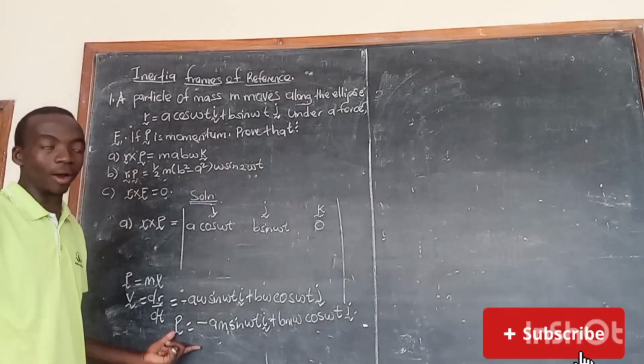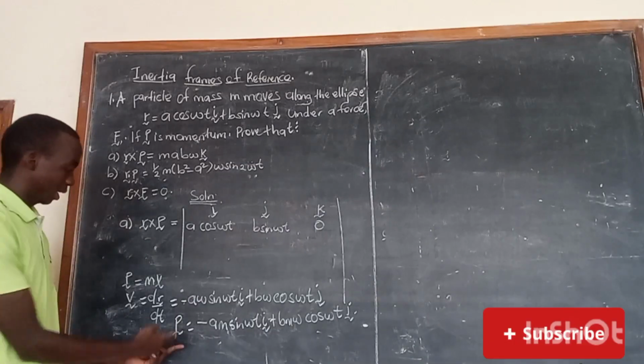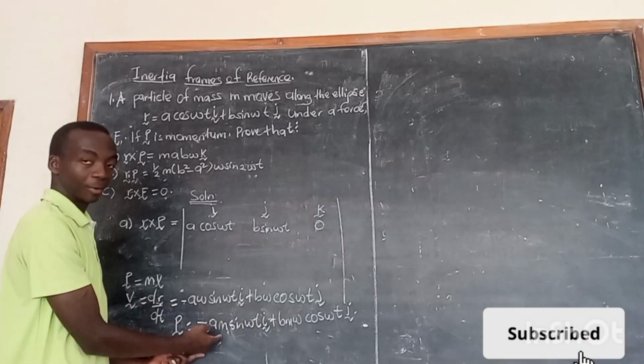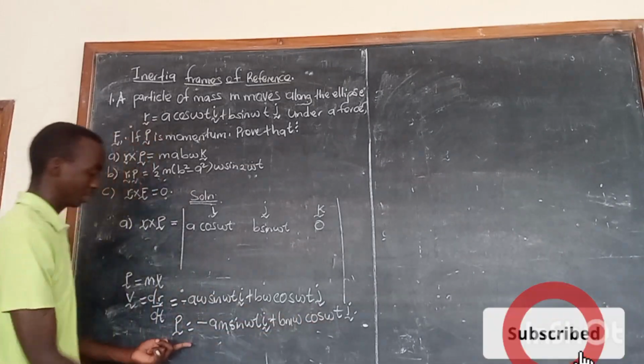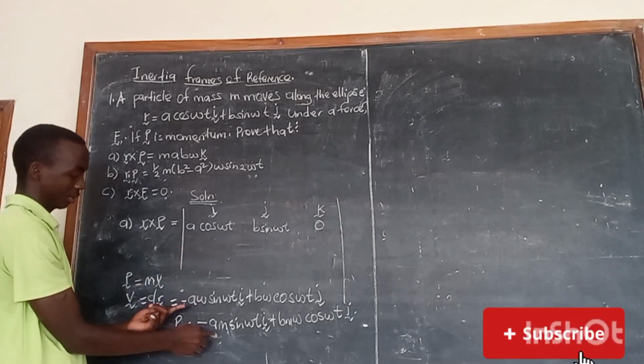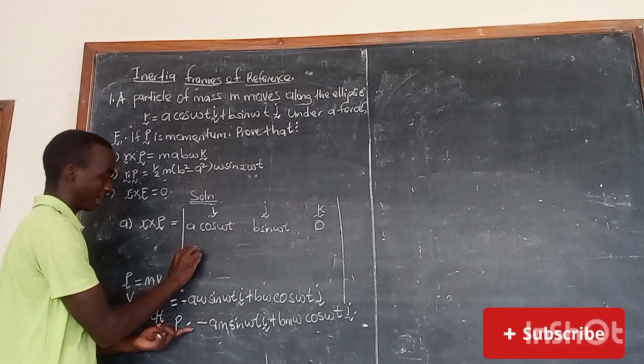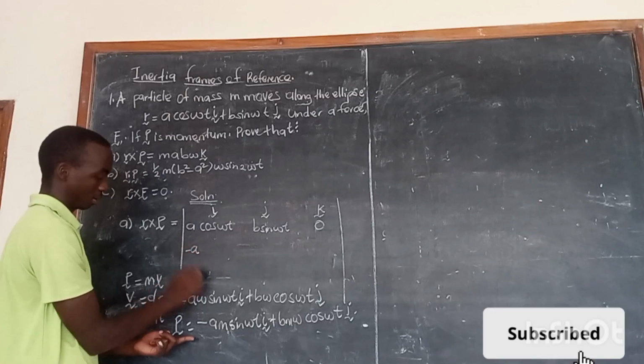So this is our momentum. This is the i component and this is the j component. We can now put them back here. So the i component will be minus a m omega sin omega t.